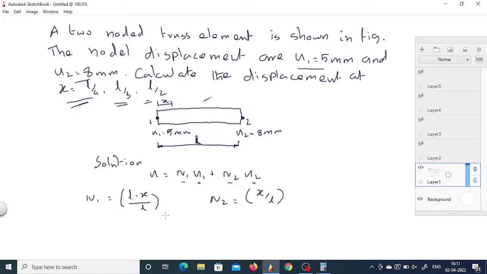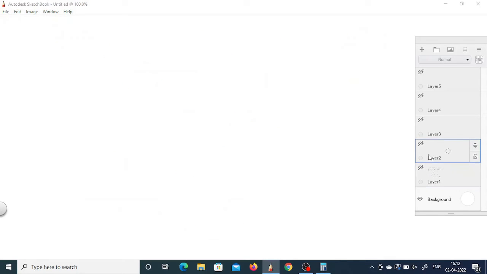I get u is equal to (L minus x) divided by L into u1 plus x by L into u2, which is the formula I utilize to identify the displacements.